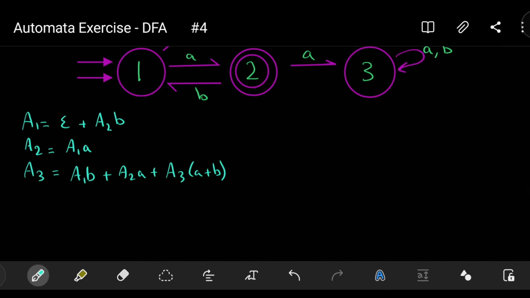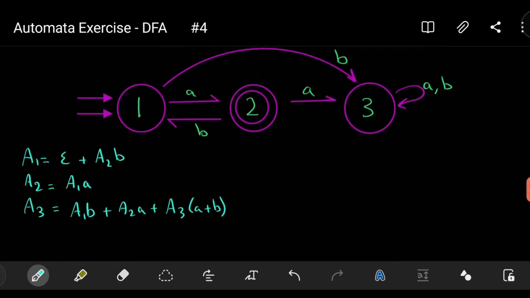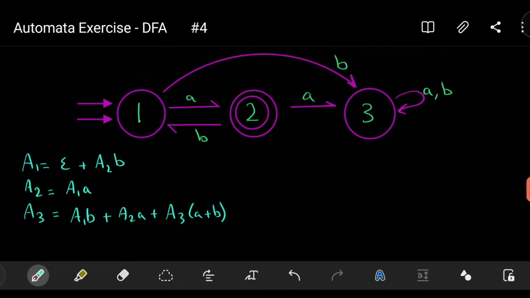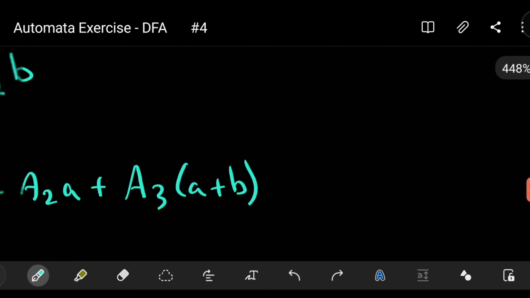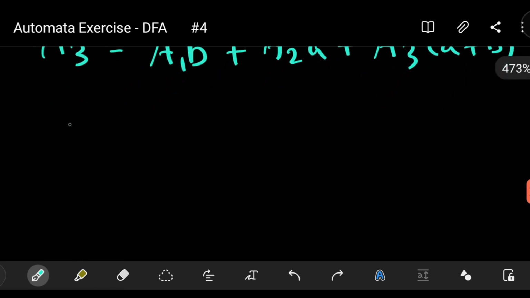Now we need to get the arrival equation. As I told you in the previous videos, the arrival system is the 2 because it is the final state. So we need to calculate the A2. So A2 here, I will make it like this line.